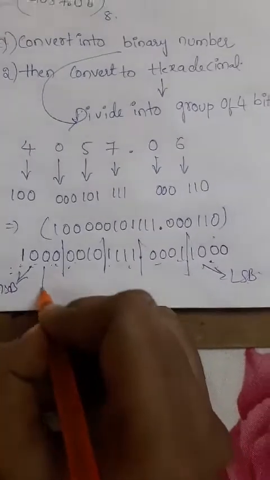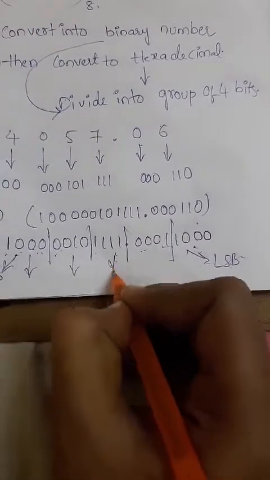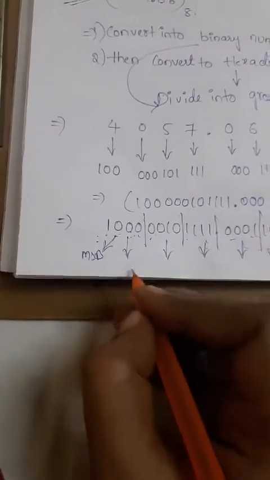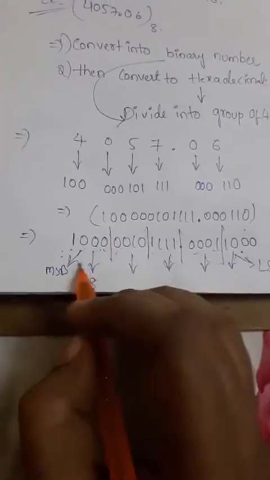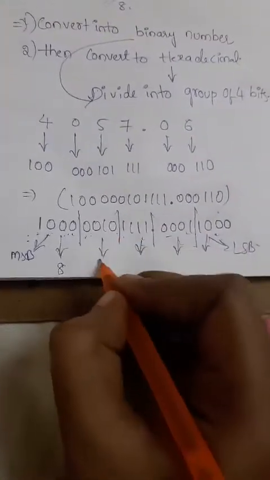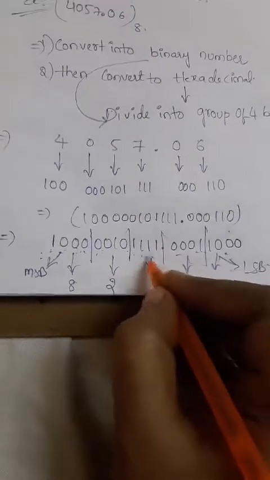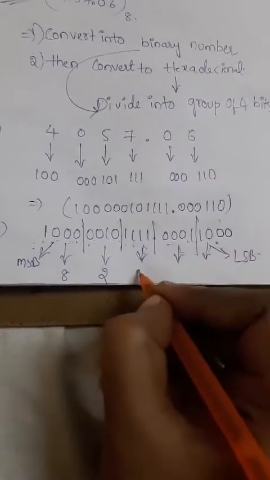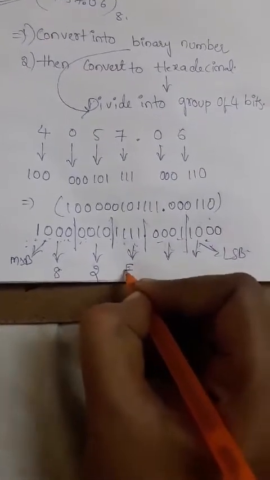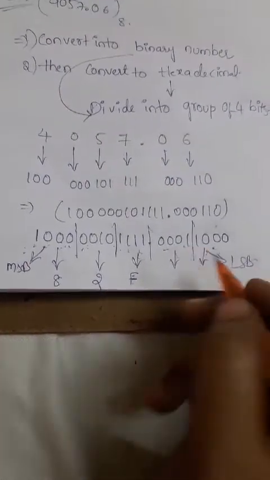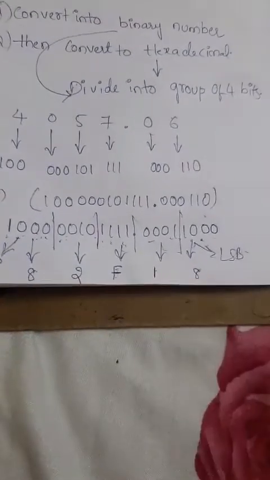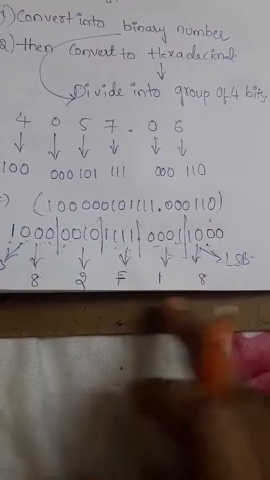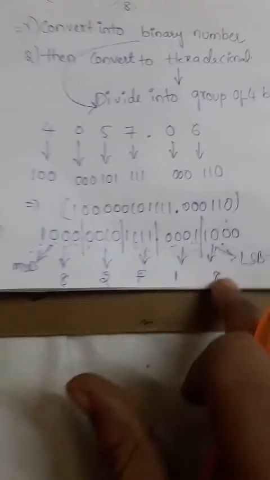Now we write the decimal number for every group. 1000 in binary is 8; you can follow the table to identify it easily. 0010 is 2, and the next group of all ones is 15, which is replaced by F. 0001 is 1, and 1000 is 8.